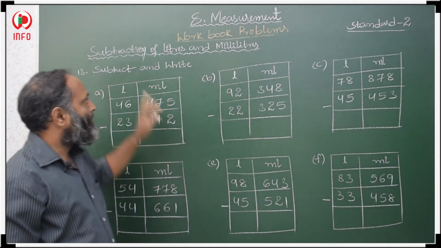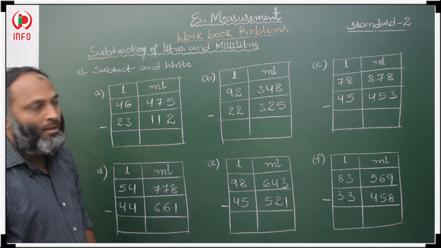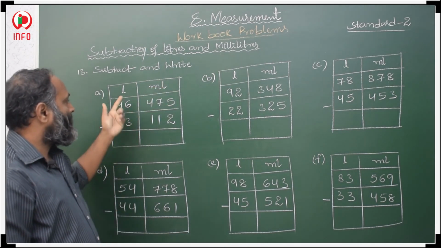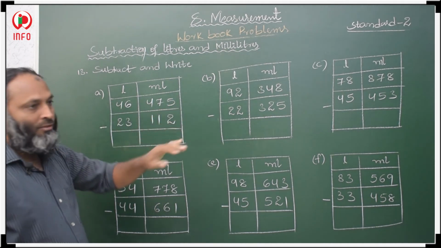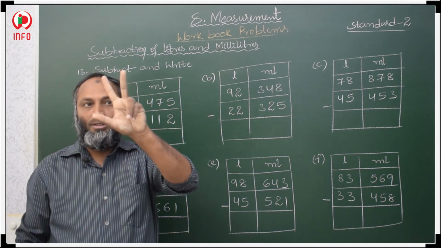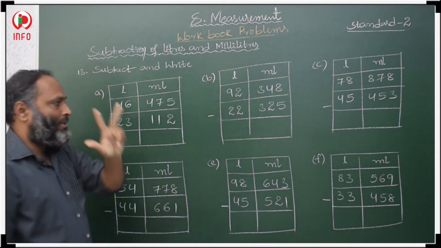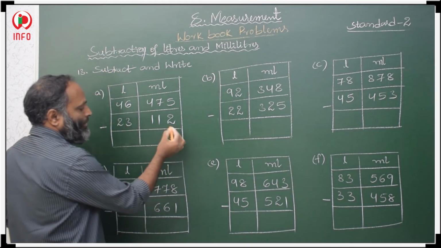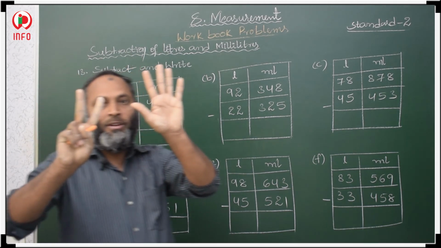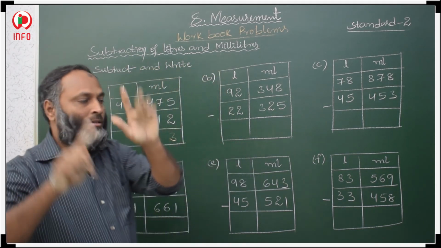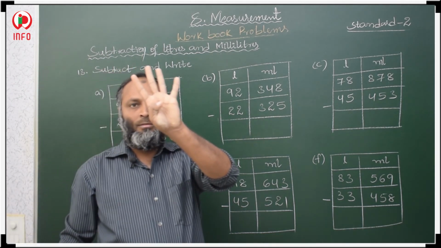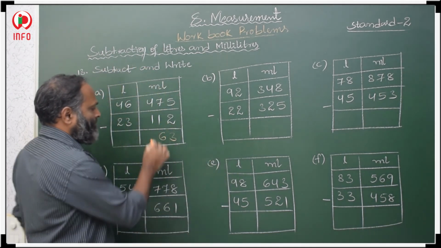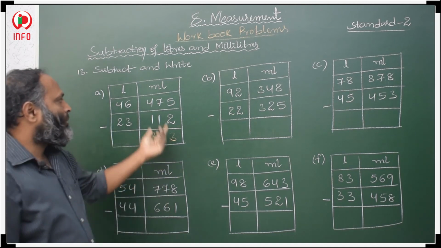Now next, subtraction of liters and milliliters. Subtraction now. So how to subtract? First, the milliliters part we have to subtract, that is 5 minus 2, 3. Then after that 7 minus 1, 6. 4 minus 1, 3. 363 milliliters.